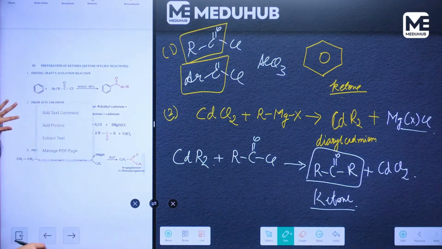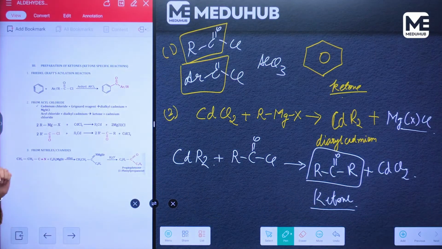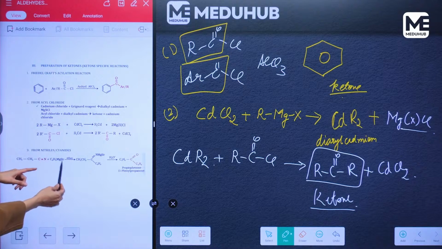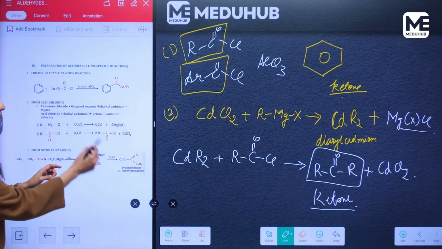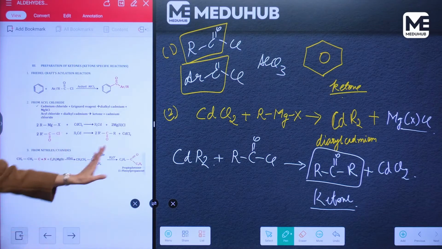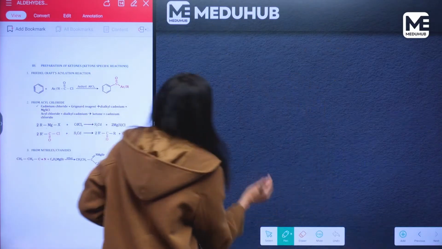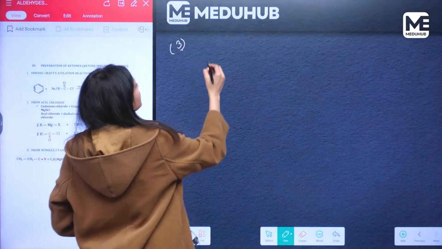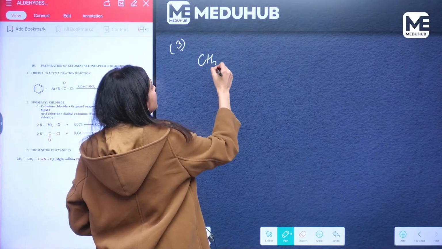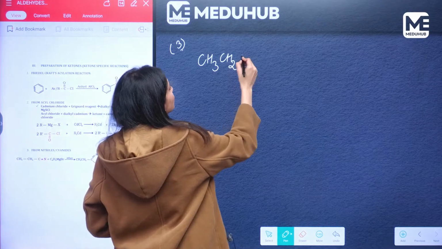The third reaction is from nitriles or cyanides. So here, if we have a cyanide, it will react with a Grignard reagent like this one, C6H5MgBr, to give us an intermediate first, which can be hydrolyzed to give us the ketone. We have CH3, CH2.